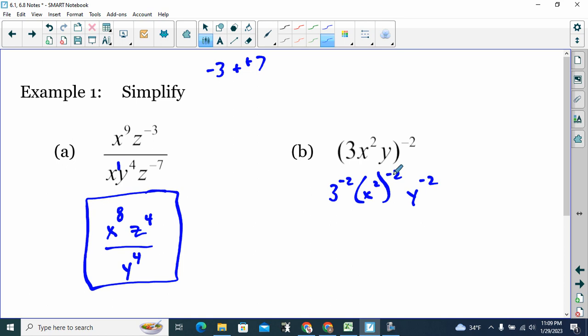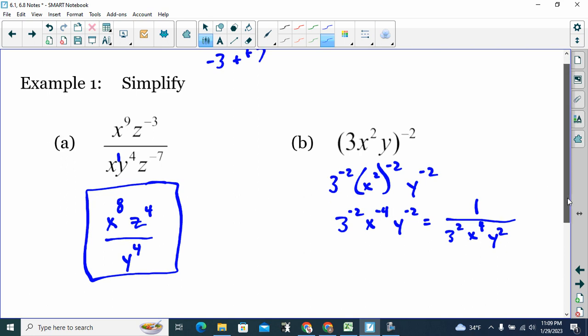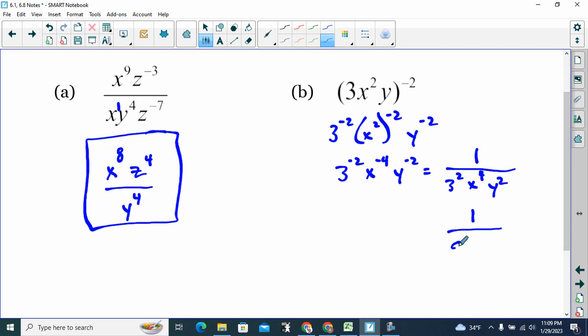When that's the case, I multiply the exponents. That'd be 2 times -2 is -4. I should not have negative exponents in my answer. I need to move them. 3 to the second goes down to the bottom, as does x to the fourth and y to the second. I don't have anything in my numerator, so I put a 1. 3 to the second I can simplify. That's 9. 1 over 9, x to the fourth, y to the second.